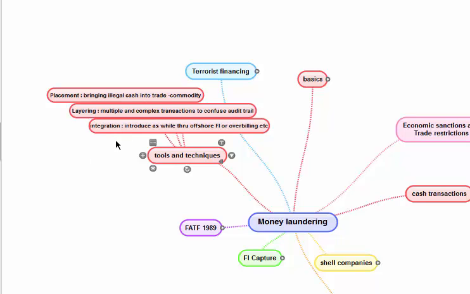The third is integration. The money that has been used in trade and other businesses during layering is finally brought into a financial institution as real, genuine money, either in an offshore FI for overseas direct investment or by means of overbilling, brought in as revenue earnings.